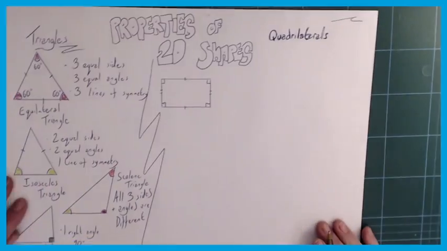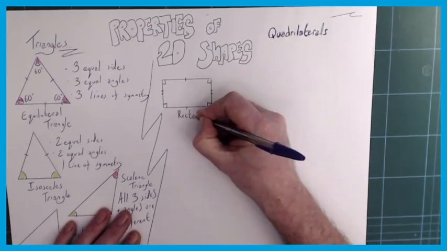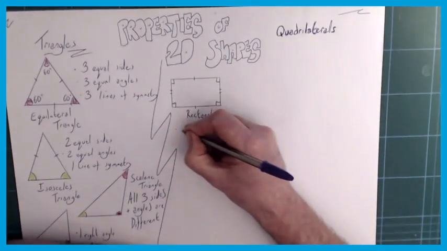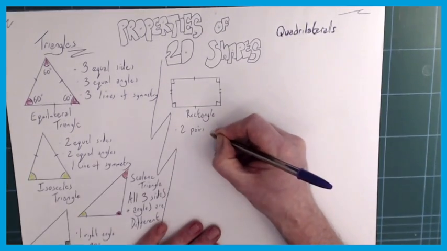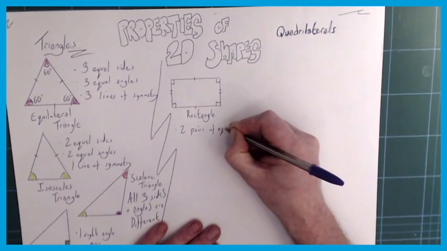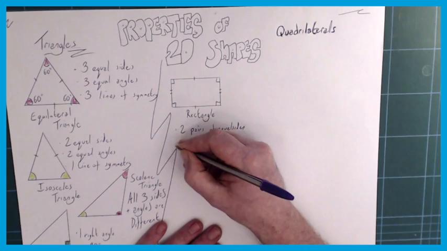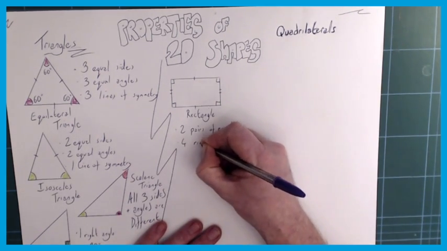So this is called a rectangle, but we knew that. It has 2 pairs of equal sides and it has 4 right angles.